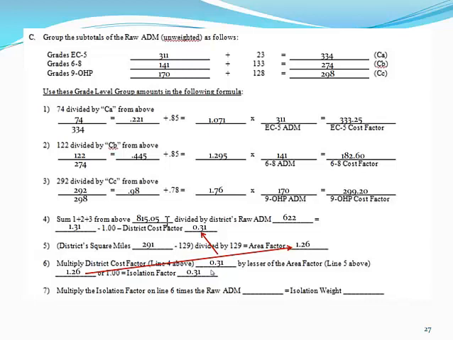That is our isolation factor. Now we take our isolation factor, multiply that times our raw ADM, and this gets us an isolation weight of 192.82. That is pretty significant, okay, and we'll see why that's significant in a minute.